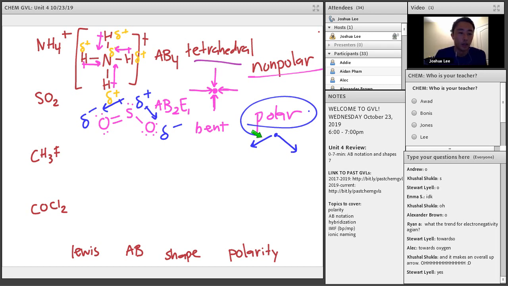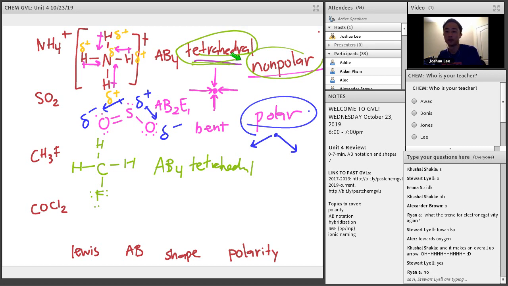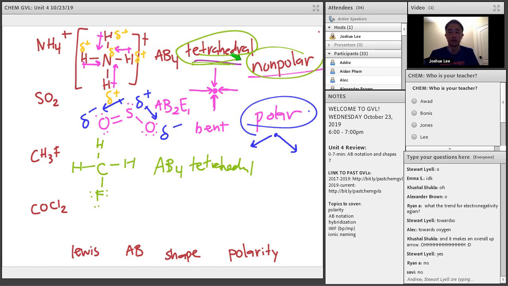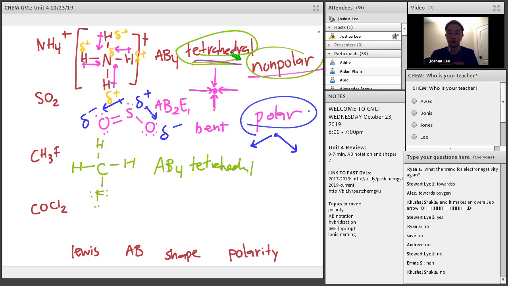So then the next one, CH3F, Lewis dot structure, should be very easy anytime you have hydrogens or halogens. This is also AB4. Hey, look, tetrahedral. Can I assume it's nonpolar because the last tetrahedral one was nonpolar? Correct answer is no. Good.